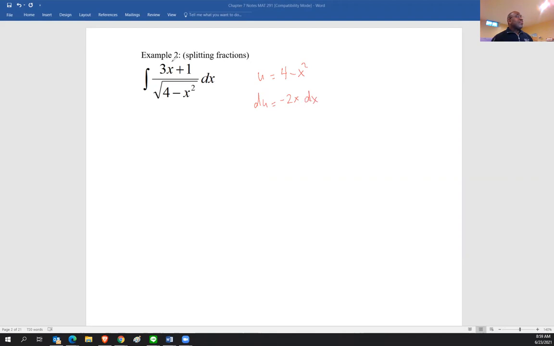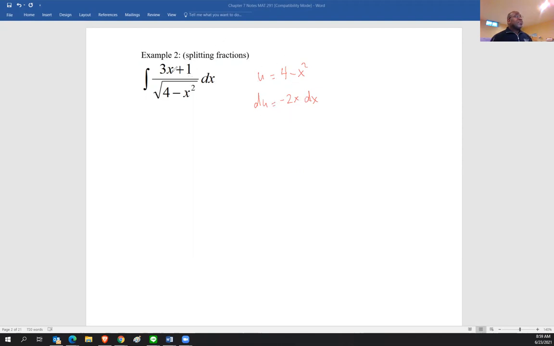And although we have a 3x term here that we could work with, that extra term of +1 kind of throws a wrench in all of that. Because when we want to convert this in terms of u, that additional term of 1 we have to account for. So what we can do here to kind of make things work out in our favor is that we can actually split the fraction up.